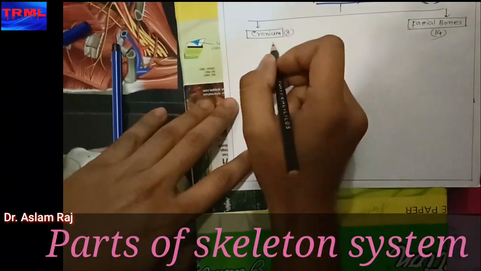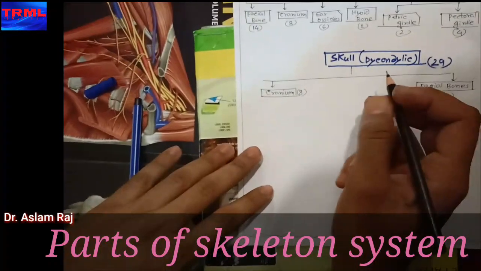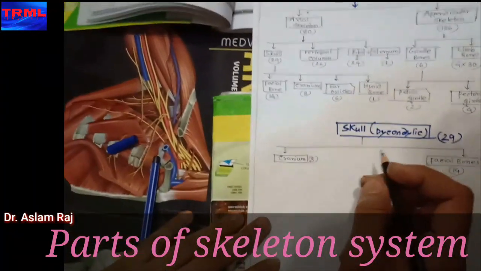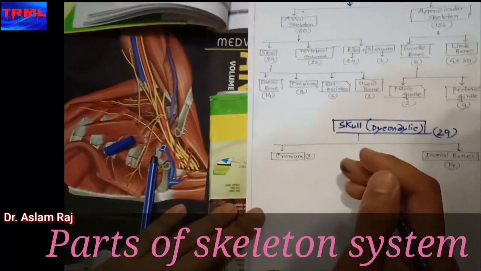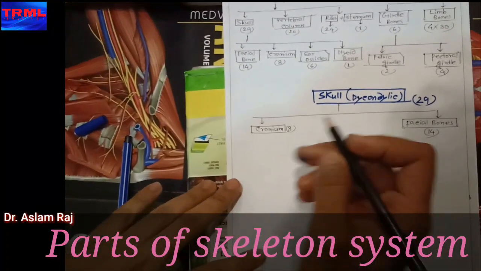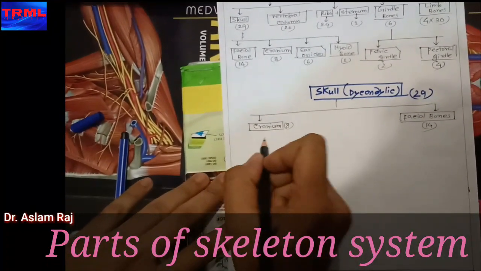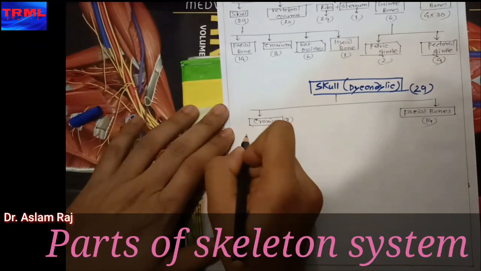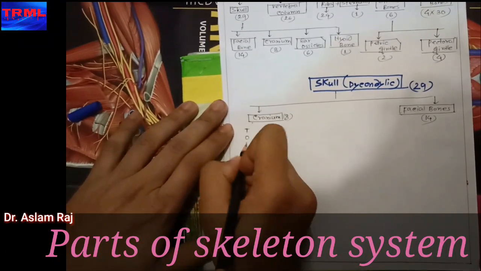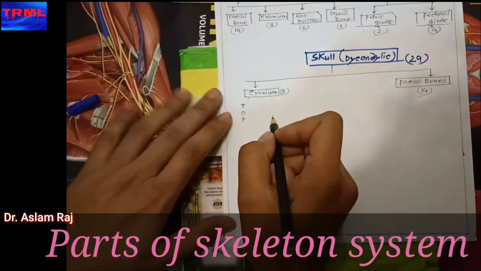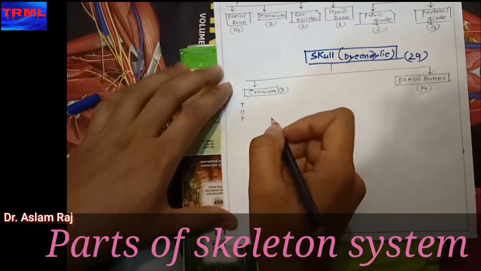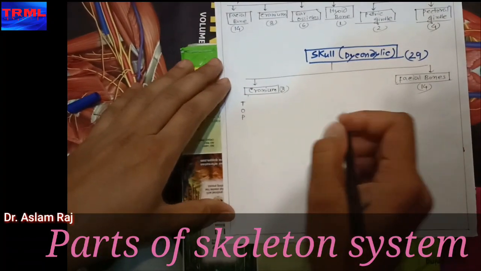Let's see the names of cranium bones. Here total 6 types of bones. You may write here TOP, ESF, just like that, easy to remember.